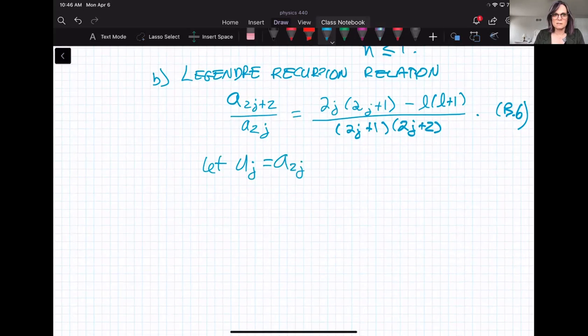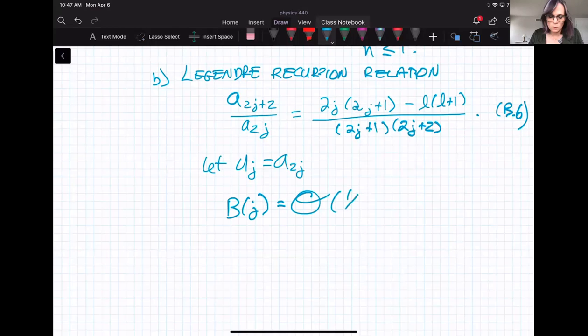Since these are subsequent elements in the series, what we can do is identify this sequence b of j as terms that are greater than j squared, which goes to 0 for j going to infinity.